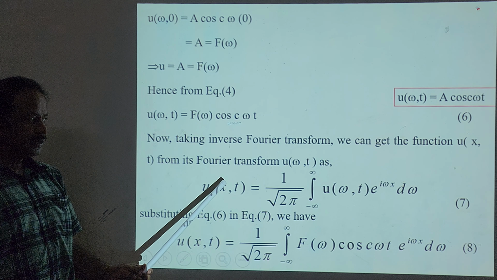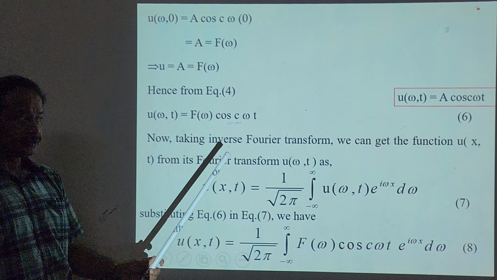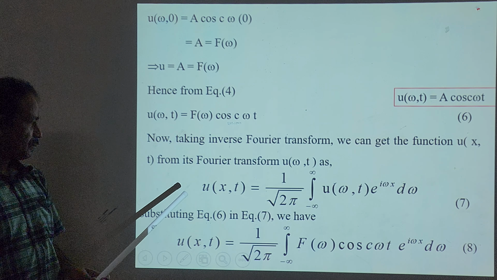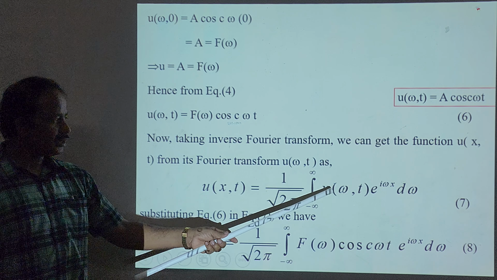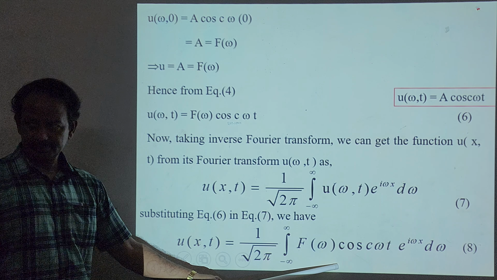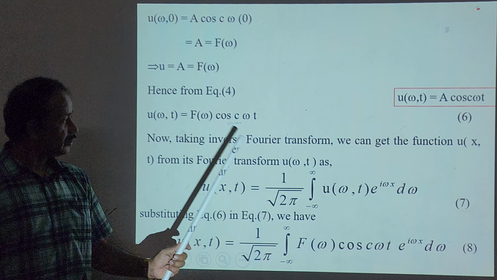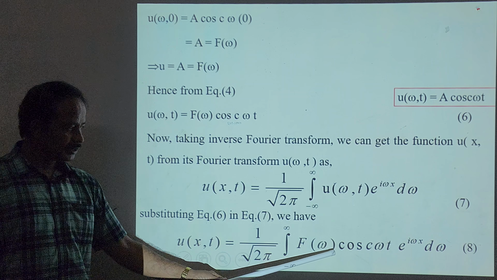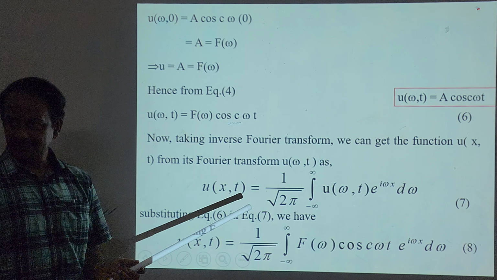So this is your inverse Fourier transform. The ordinary Fourier transform will have a minus sign, and the inverse Fourier transform will have a plus sign. Now instead of u of omega comma t, you substitute what you have obtained earlier as the solution. So this becomes exactly this expression, equation 8.